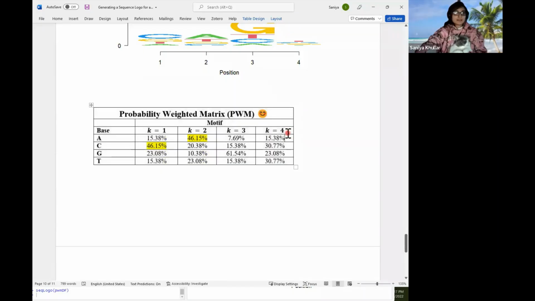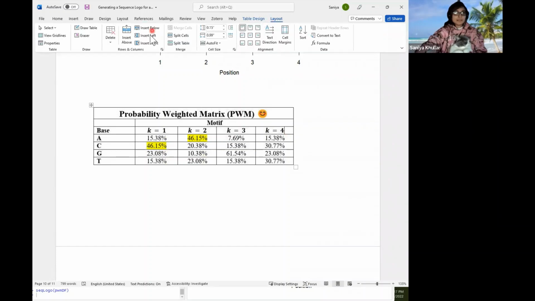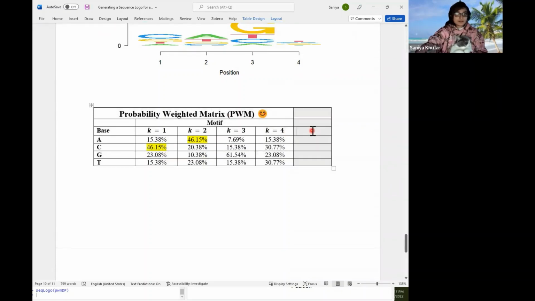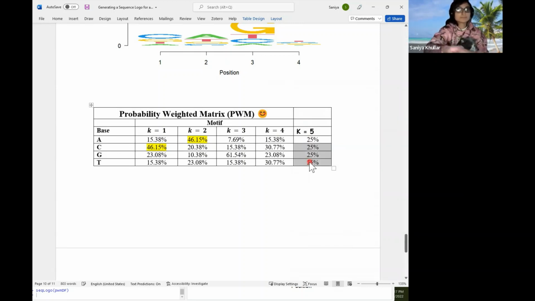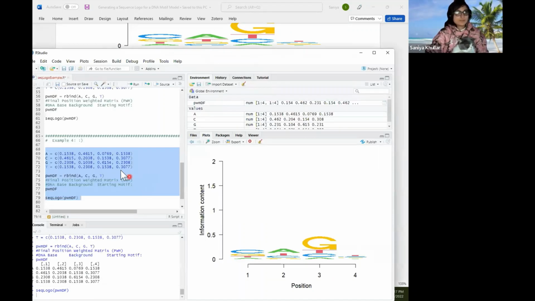In fact, I can also show you what would happen if we had a fifth column in this and that happened to be 25% for each of them. So if I were to do this, just make them all 25% for reference, then I could add one more column for each of them, 25%.